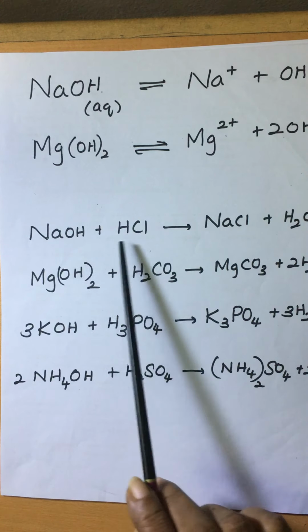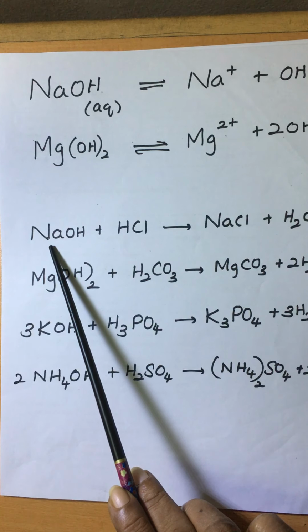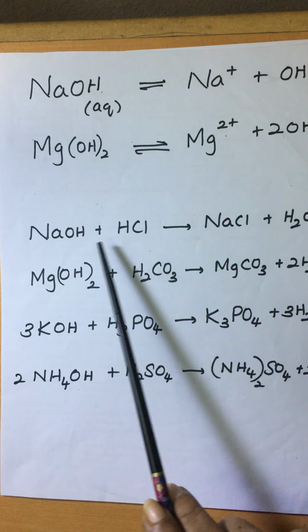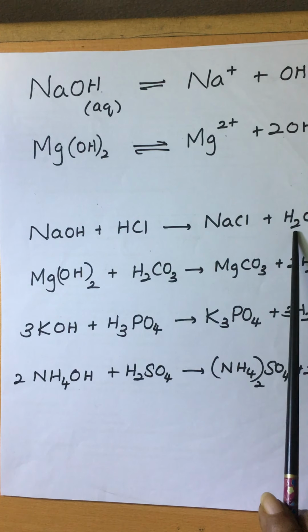Therefore, when they combine, the salt formed is a neutral salt. No acidic or basic property is there. So this is the complete salt. When a strong base reacts with a strong acid, it forms complete salt and water.